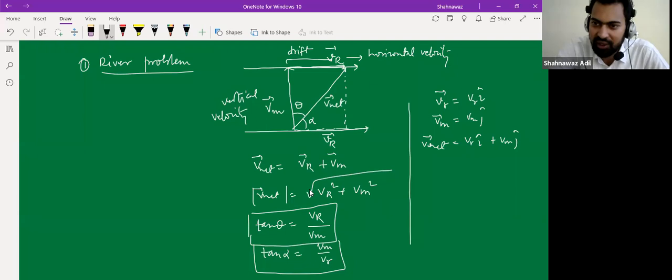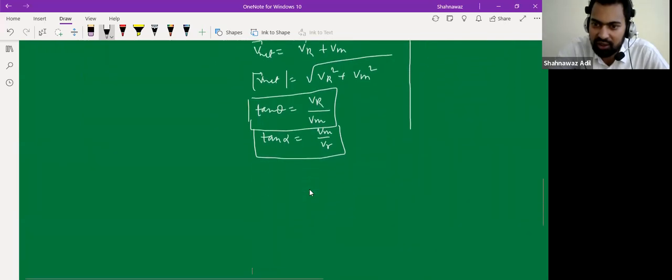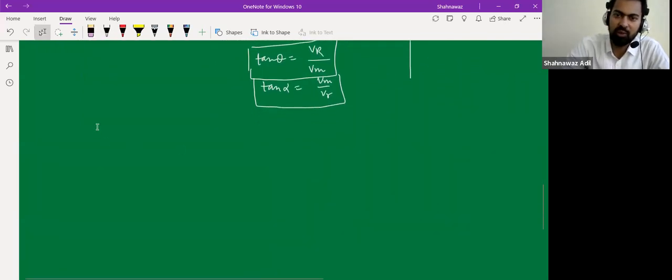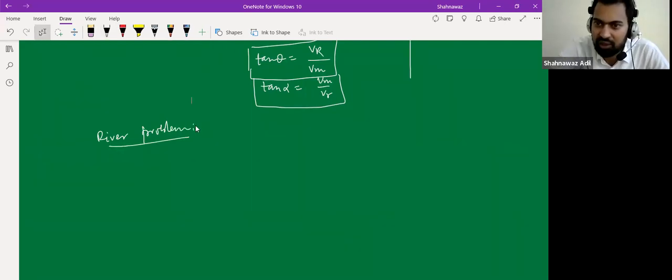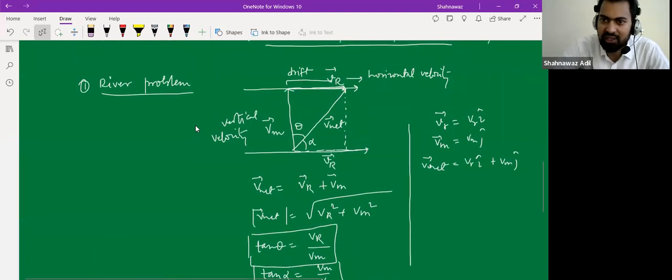Now in the second part of this river problem, you remember that the man started from here and he moved like this.